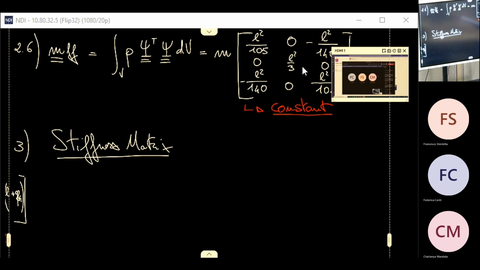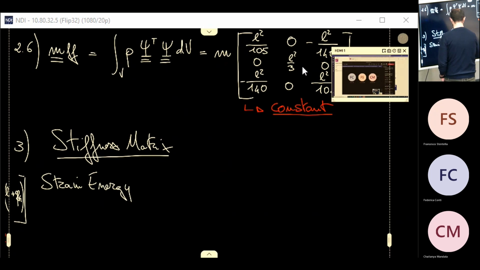Okay. So for the estimation of the stiffness matrix, we can start from the definition of the strain energy expression. So the strain energy can be defined as follows.